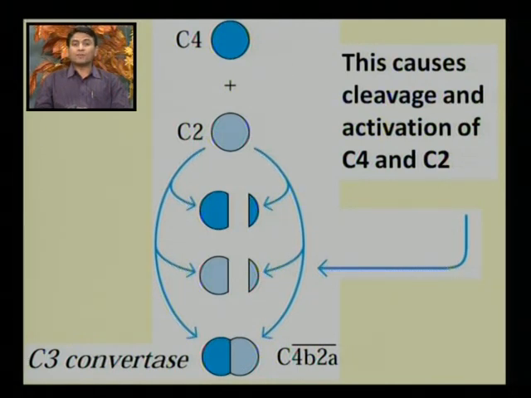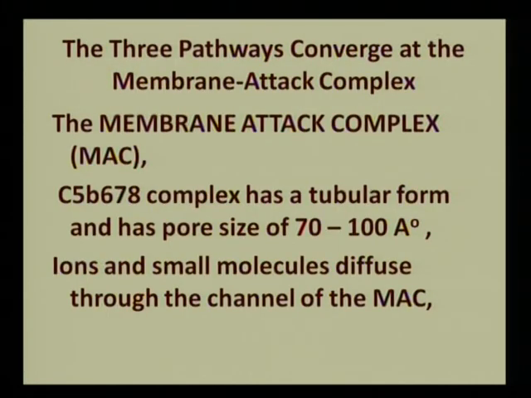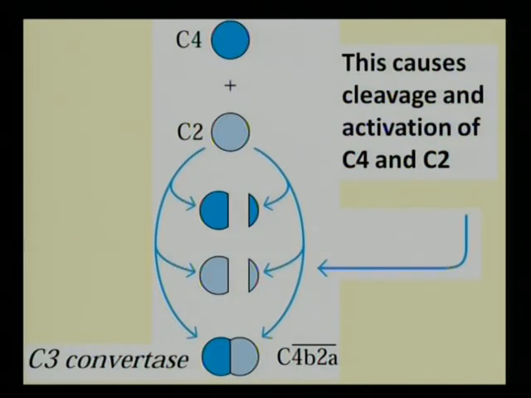The larger components of C4 and C2, that is C4b and C2a, bind with each other and form a complex known as C3 convertase. The substrate for this complex is C3, and it cleaves C3 into C3a and C3b.